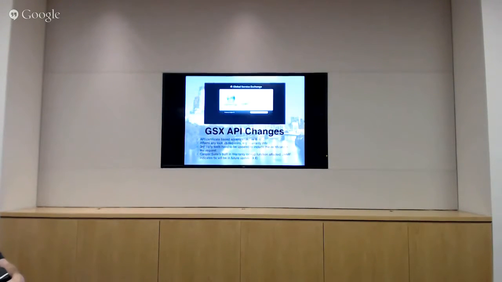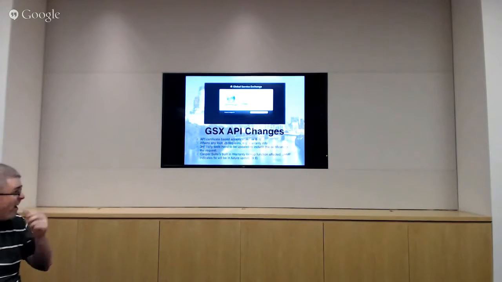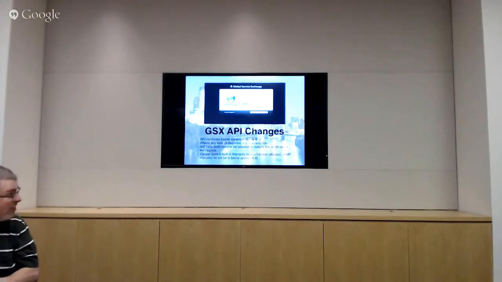Next thing, the GSX API changes. How many people use GSX regularly? Because people who use GSX, I'm sure you get lots of GSX spam these days, saying your account has been locked out or disabled or deactivated for whatever reason.